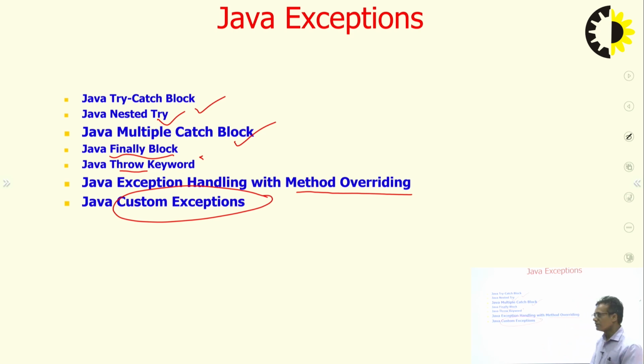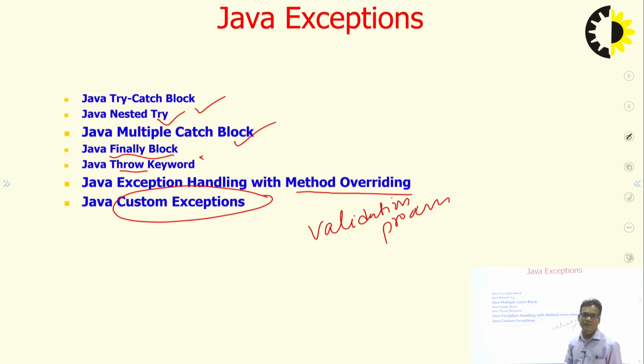So this is a really good concept in Java by which we can avoid runtime errors and catch the exceptions that occur during runtime. Even many kinds of validation processes are also done with exception handling, that is custom exceptions.